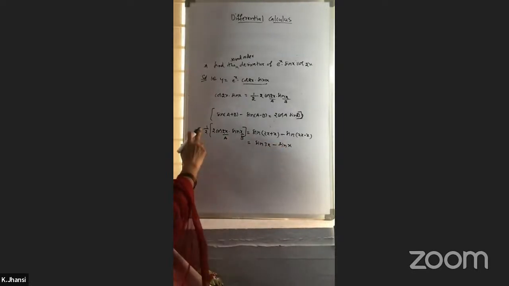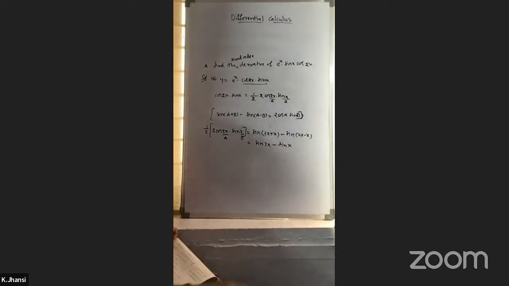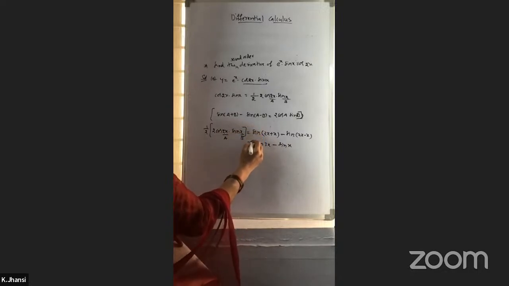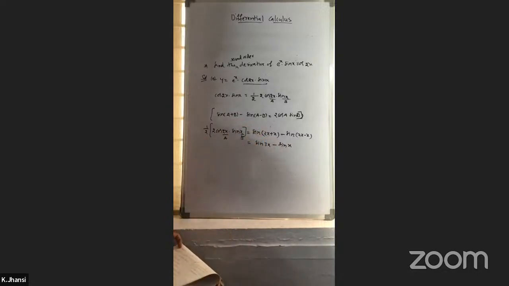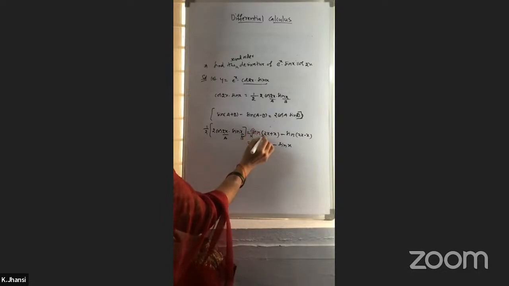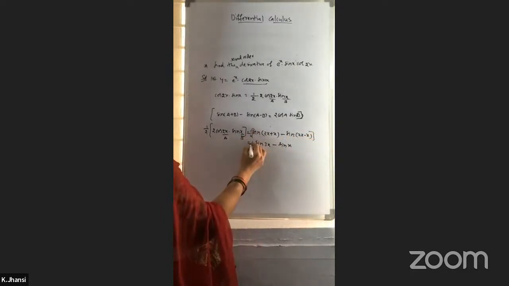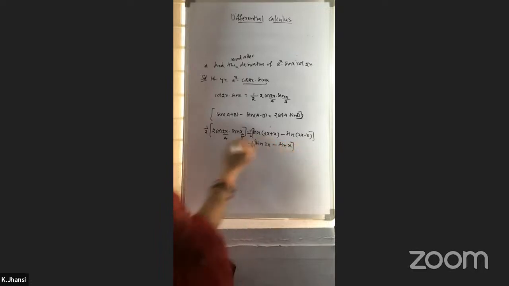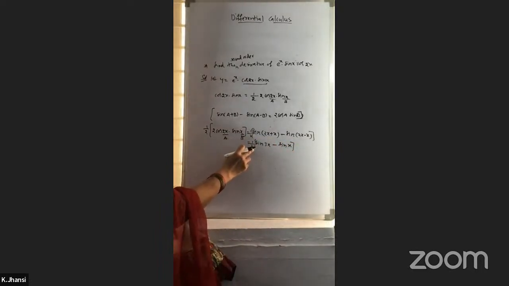Okay. That is, here 1 by 2 is there, no? So you have to take 1 by 2 of this term. So instead of cos 2x and sin x, you write this value.